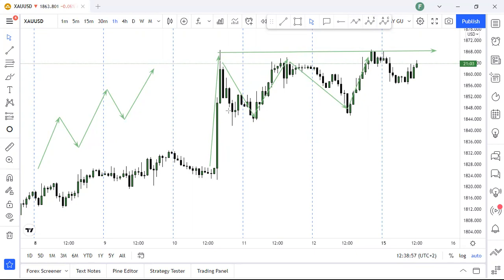So from this law, for it to be called an impulse, price needs to break above the high. That's what makes an impulse valid. So impulses are the waves that are in the direction of the trend. They are always the bigger move.